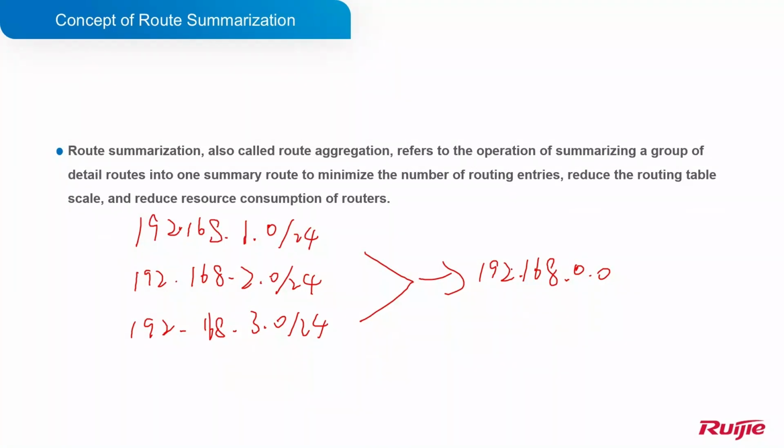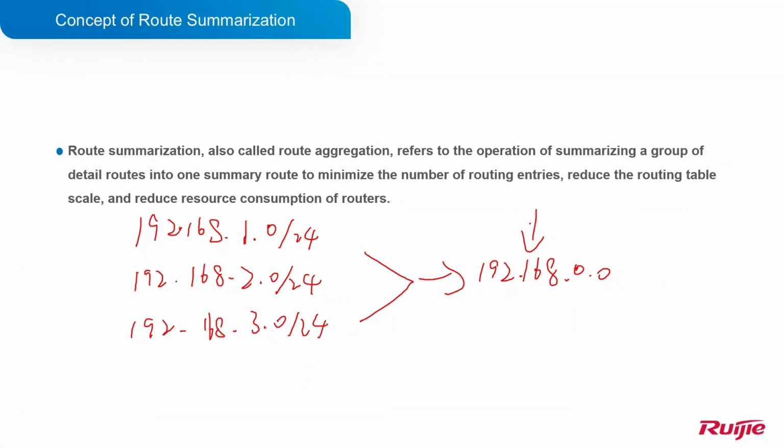Configuring route summarization can decrease the routing table. Here in the routing table we have 3 detailed routes, but after the summarization we have just one summary route.